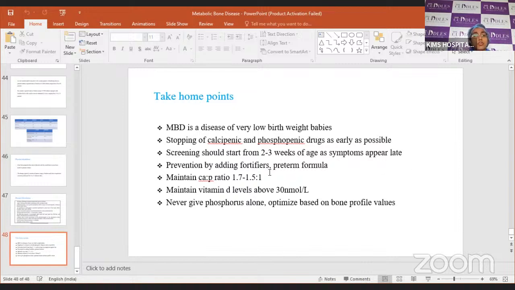Prevention is by adding the fortifier, using preterm formula, and maintaining the calcium phosphorus ratio at 1.7 to 1.5:1 is most important, and maintaining the vitamin D levels above 30 nanomoles per liter, and never give phosphorus alone, optimized based on the bone profile values.